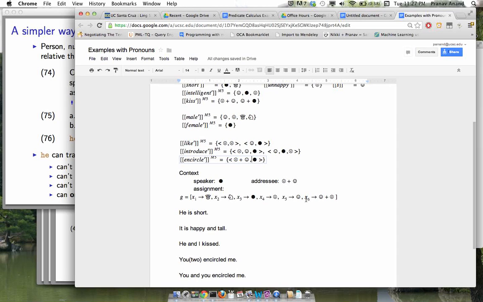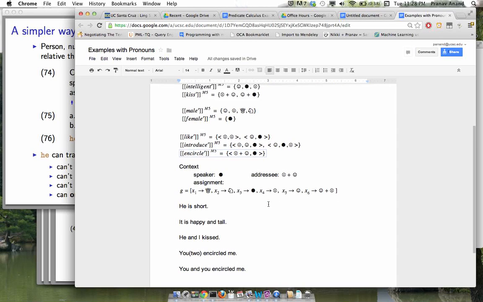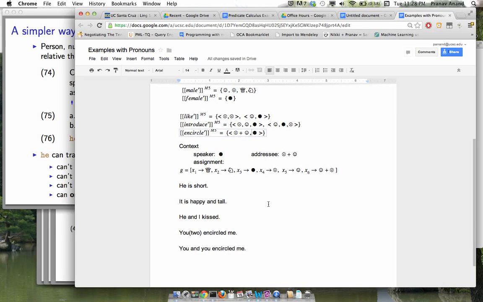And that's because, in point of fact, I could use you, and I could refer to either of these, or I could use plural you and refer to both of these. And so now what I want to do is walk through some examples using these expressions right here to try to make sense of everything.